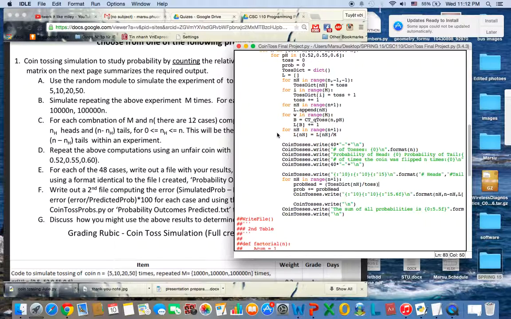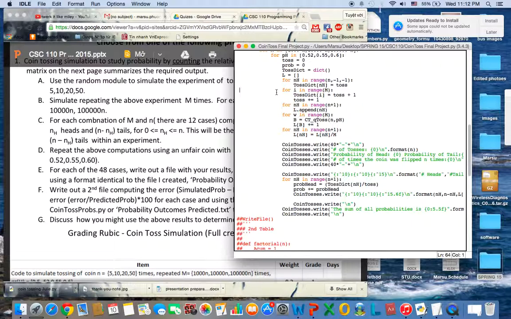However, when the computer runs it, it flipped that many times and turned out another probability result. So the error is the difference between the real result and what was predicted.